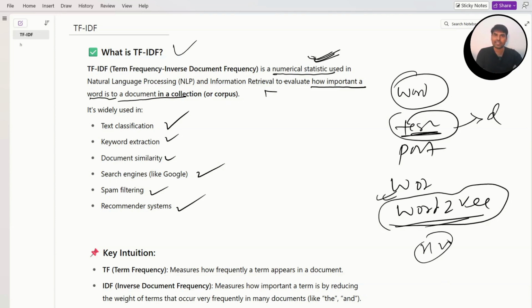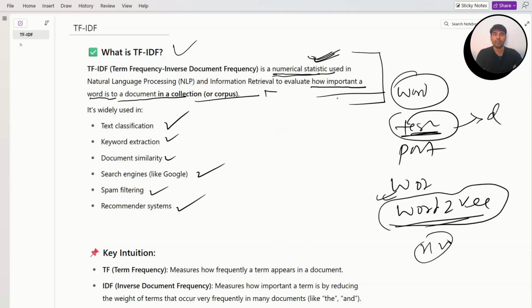It's a numerical statistical technique used in NLP to measure how important a word is to a document in a collection. It summarizes the weight of a given word in a given document, how to calculate the weight, how to find the importance. There's a mathematical formula.